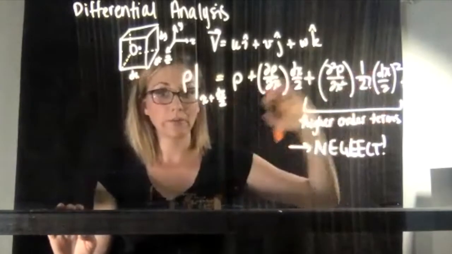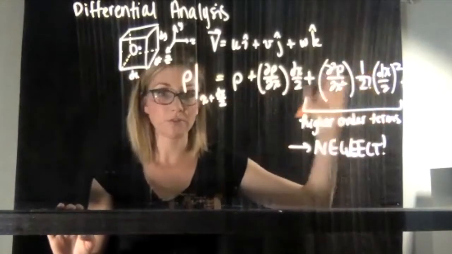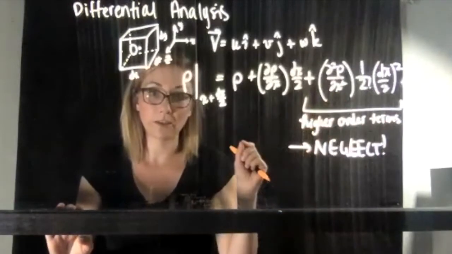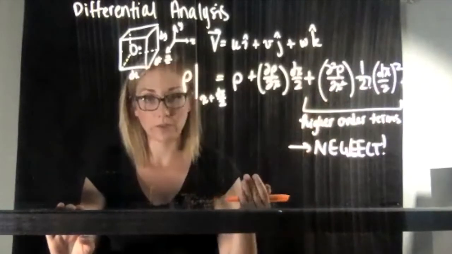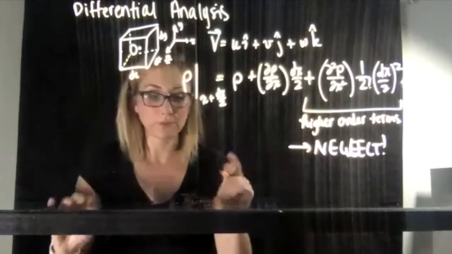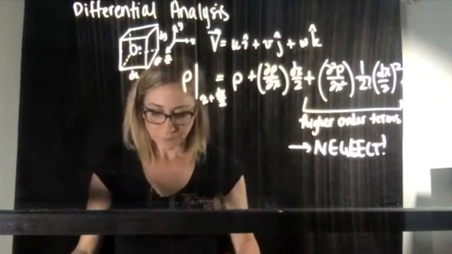We normally get rid of anything that has differentials times other differentials, because we know that the differential amount is supposed to be infinitesimally small. So if we square that value, it's going to be even smaller. So there's no point keeping that around.